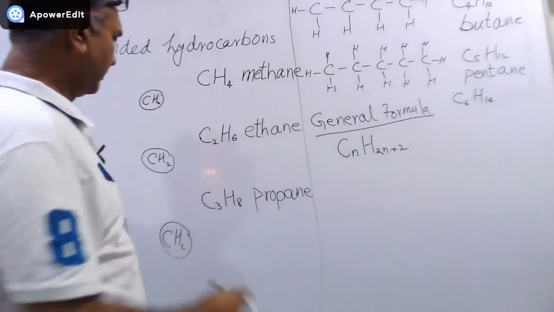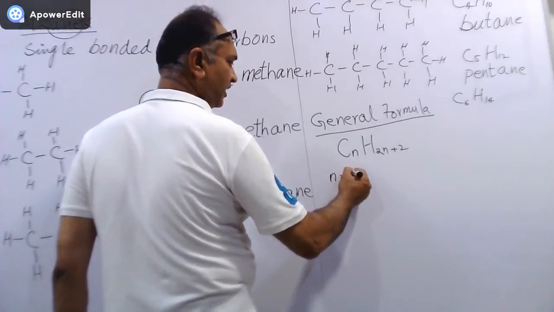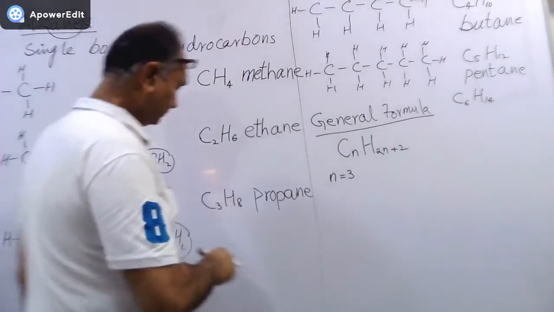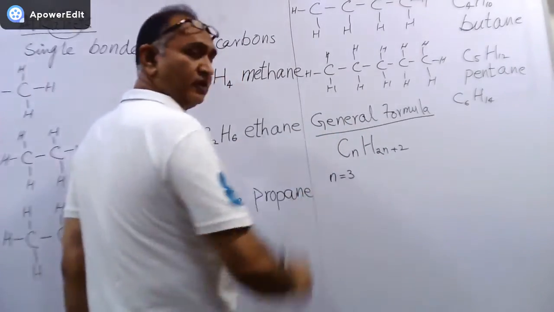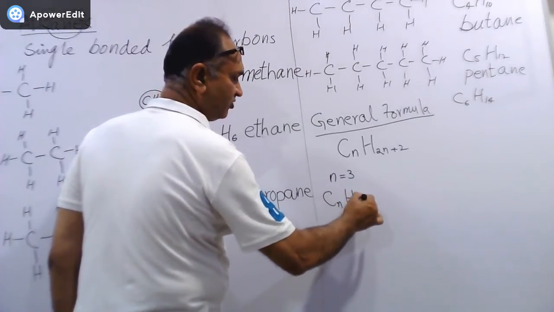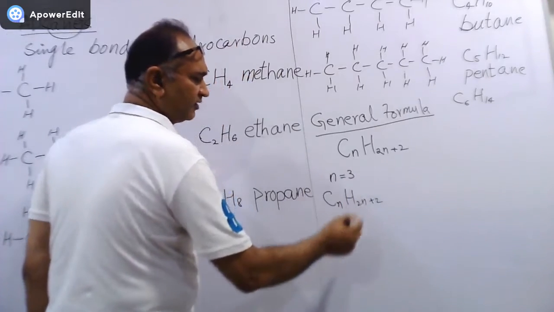Let's see. Suppose n is equal to 3. 3 means propane, prop. Substitute the value in the formula CnH2n+2. Suppose the value here is 3.